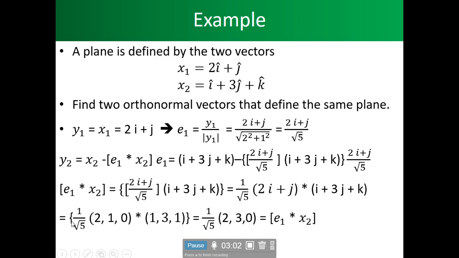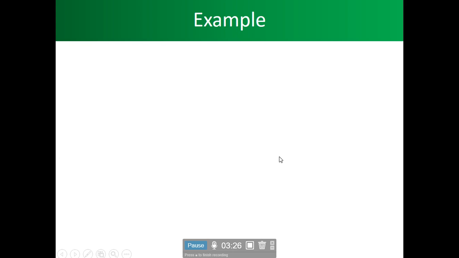So now we have 1 over the square root of 5, and we have 2, 1, 0 and 1, 3, 1. We multiply 2 times 1, we get 2. We multiply 1 times 3, we get 3. We multiply 0 times 1, we get 0. And we bring the 1/5 with us. So we have what's in the parentheses.